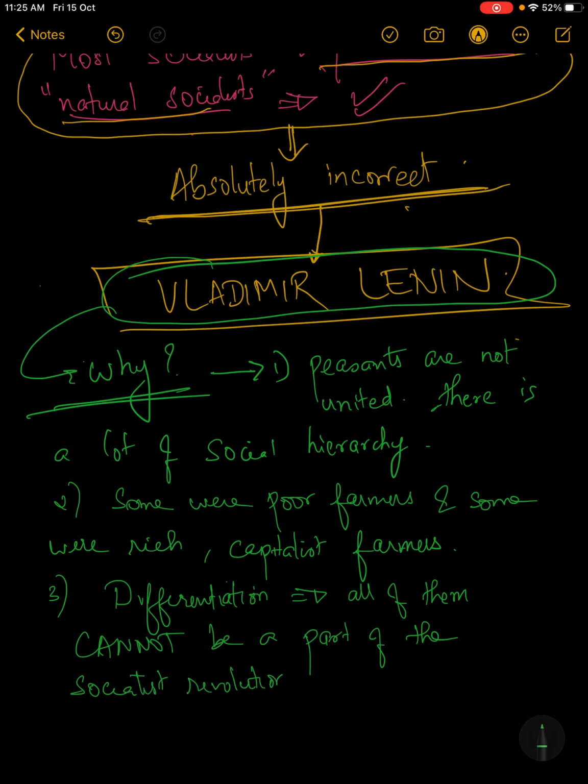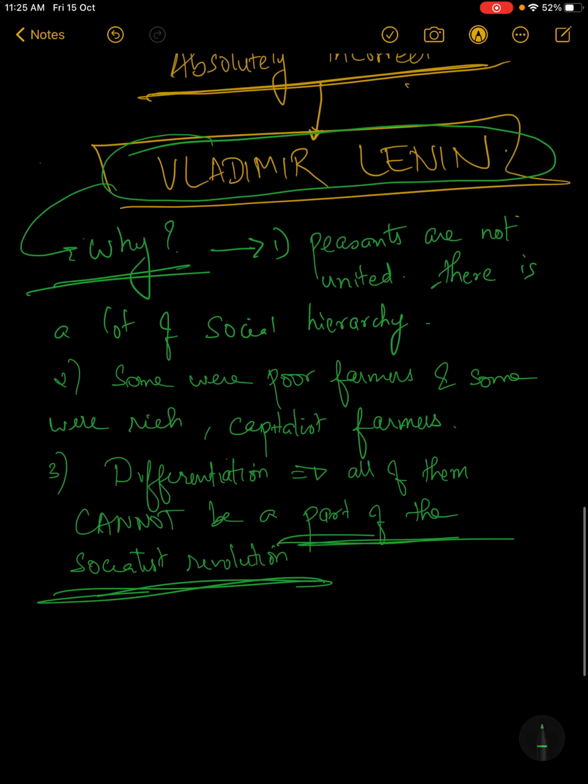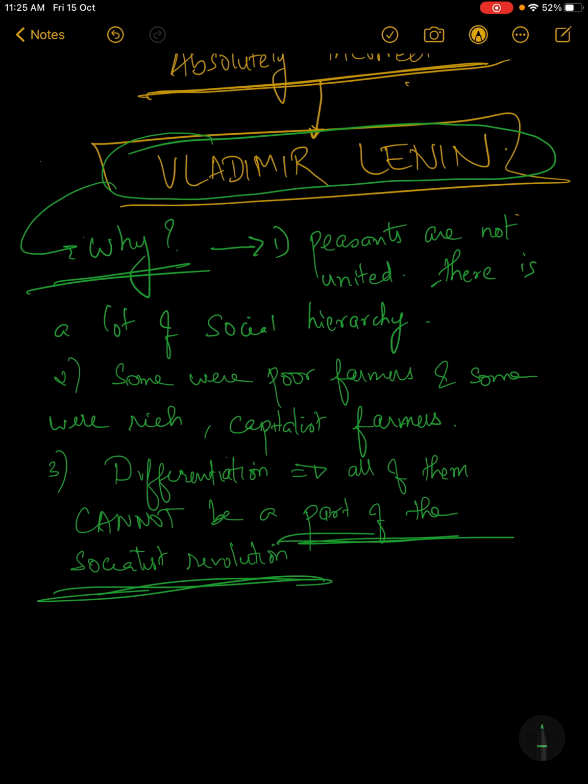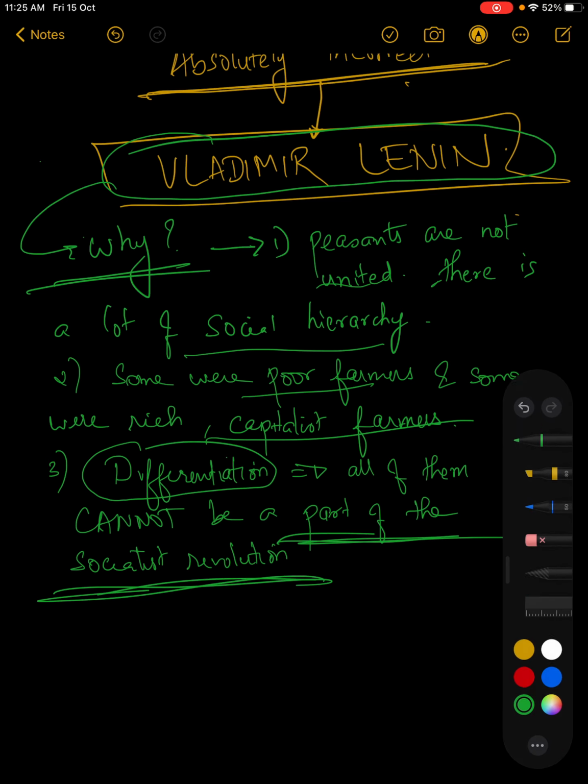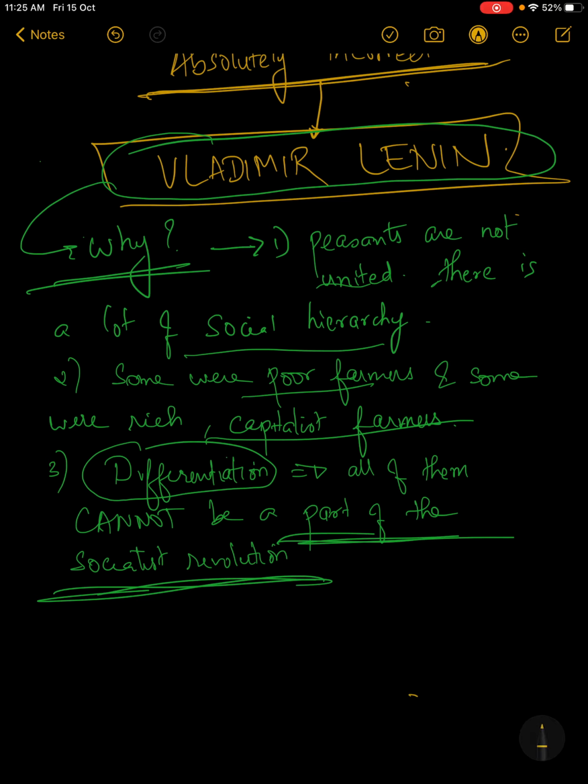So Lenin is trying to say that among farmers there is a lot of differentiation, there is social hierarchy, there is no unity. Some are poor, some are capitalist, is what he's saying. So because of this existing differentiation, he says that some of them maybe, but all of them cannot be a part of a socialist revolution.